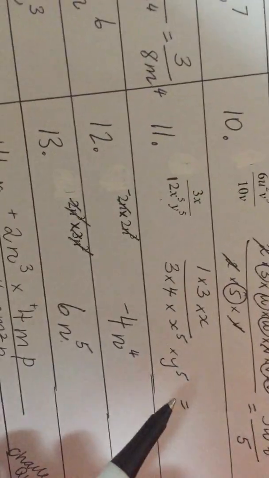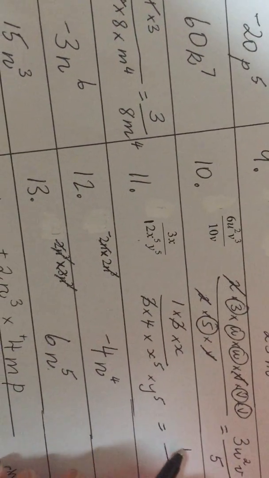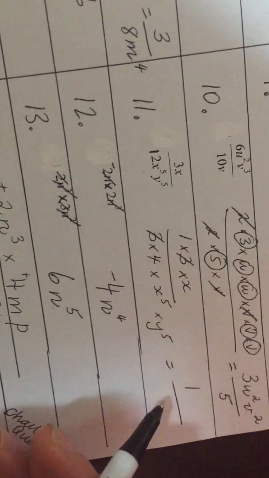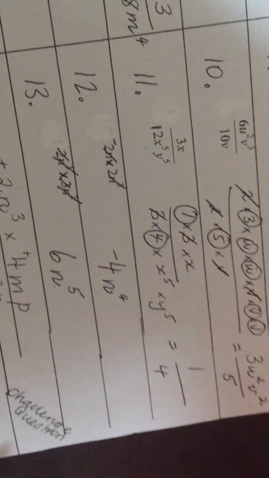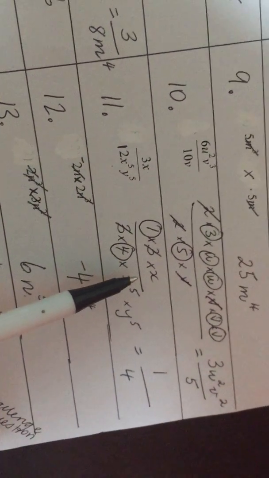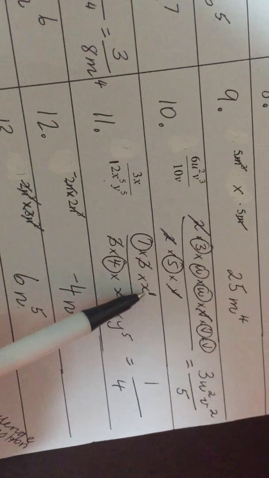So back to this, we can see that our 3's are common. So we're going to have 1 left on the top and 4 left down the bottom. Now let's think about our x's. We have x to the 1 up here, so it's going to get cancelled out.